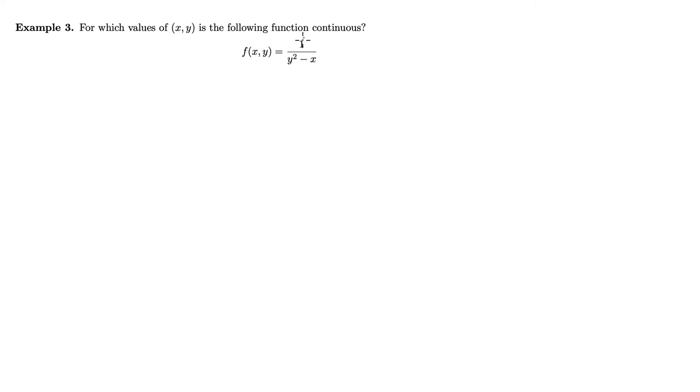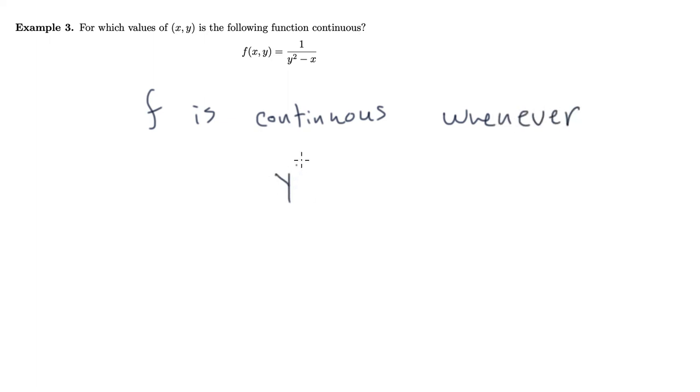But now I'm taking the quotient, I'm dividing by something. So this rational function here is going to be continuous wherever the denominator is non-zero. So f will be continuous whenever y squared minus x is not equal to 0. Now, the interesting thing about this question is that this is actually sort of a two-dimensional restriction.